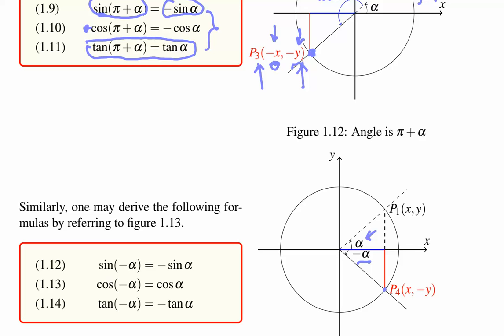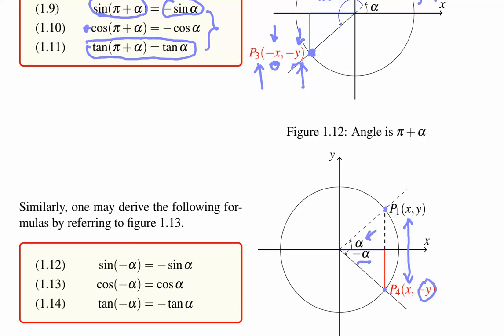One is in the fourth quadrant, another is in the first quadrant. The x-coordinate will be the same, but the y-coordinate is opposite.